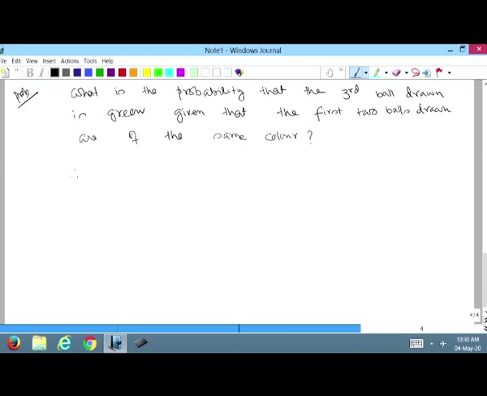Therefore, the given condition is that ball 1 drawn and ball 2 drawn are of the same color.